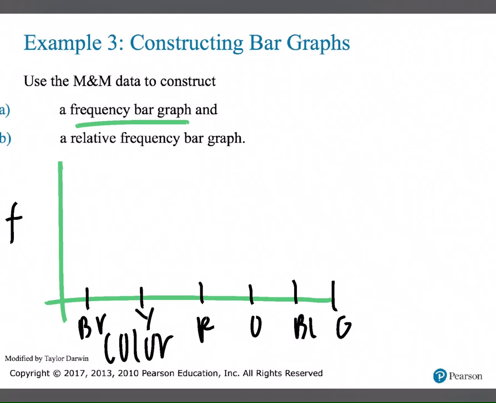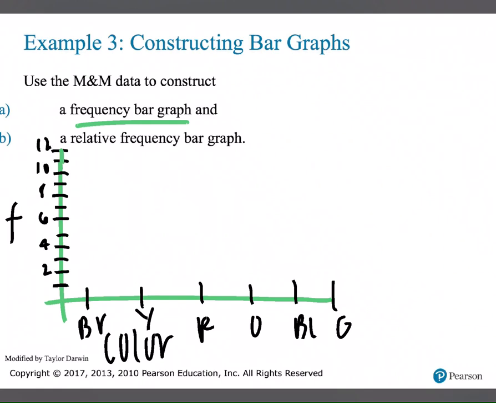So our highest frequency was 12. So I'm going to make 12 little tick marks if I can. 1, 2, 3, 4, 5, 6, 7, 8, 9, 10, 11, 12. And I'm only going to write every other number just because of space. So 2, 4, 6, 8, 10, and 12.